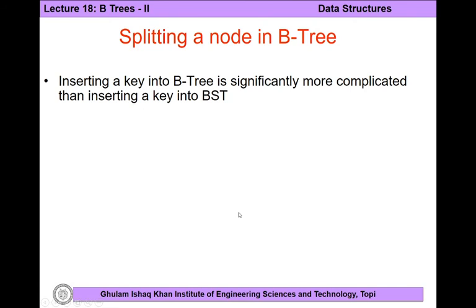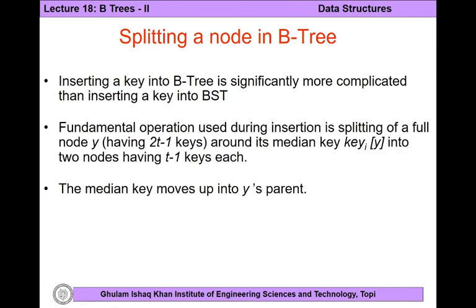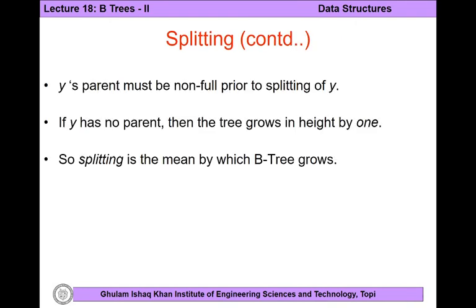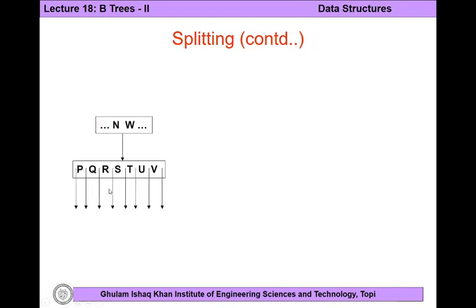Then the splitting operation, which I told you earlier, happens when the node becomes full. In the splitting operation, the middle value, if you see here, suppose this is a node which is full and we want to split it. We will take this half, this will become a new node, we will take this half, this will become a new node, and this value will move up to the parent node, right?